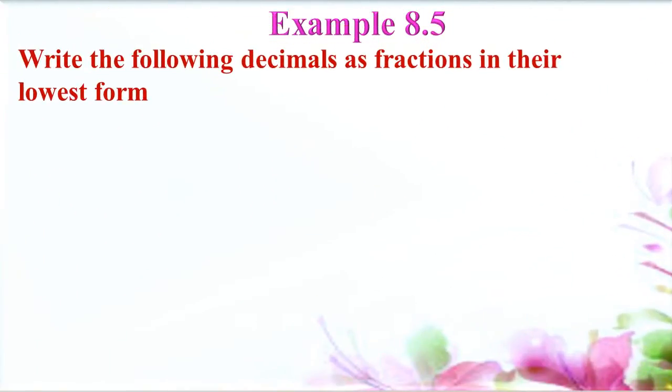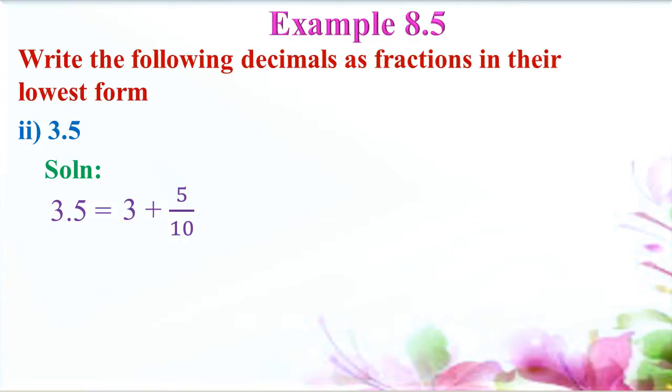Example 8.5. Write the following decimal as a fraction in its lowest form. 3.5. Now we are going to convert. That is, 3 is the whole number part and 5 is the decimal part. Am I right? Yes. So 3 plus, we can write 0.5 as 5 by 10. Now that is given in addition.